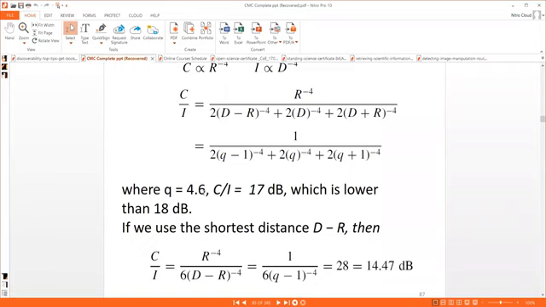Then we move towards the shortest distance, that is D minus R directly. It means we are considering only the shortest distance D minus R. Then all the other values will be neglected. We take only D minus R as the 6 cells available for the particular cell site.